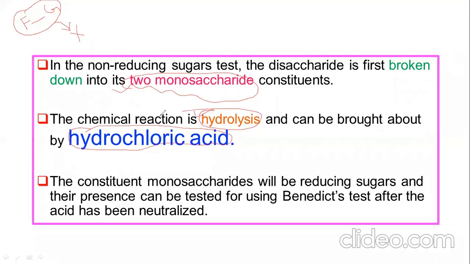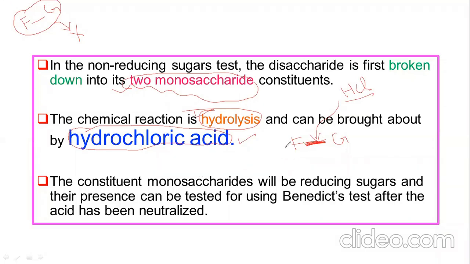Bond breakage, simply keep it in mind. A chemical reaction is hydrolysis and can be brought about by hydrochloric acid. This glycosidic linkage breakage will happen with the help of acid, HCl.